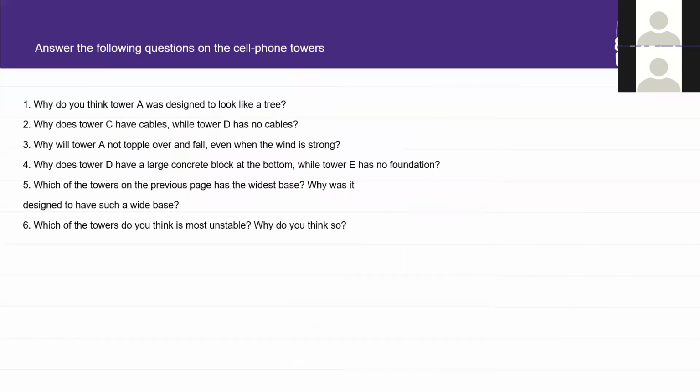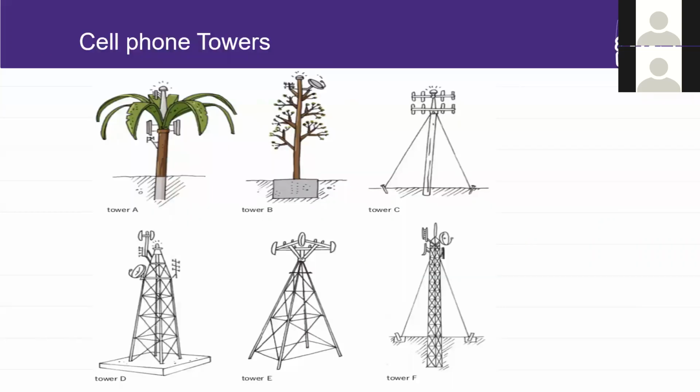Right, next question. Why will tower A not topple over and fall even when the wind is strong? When you look at tower A, why will tower A not topple over? I think the reason is quite clear.